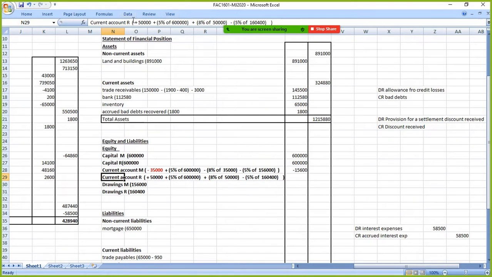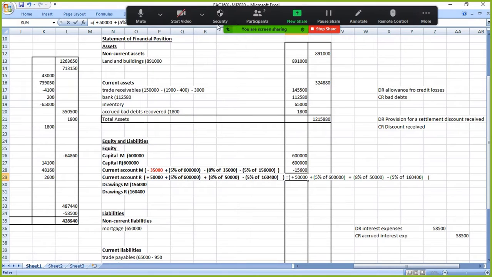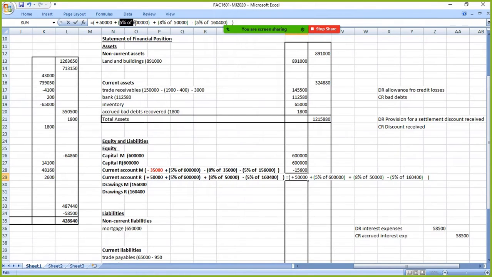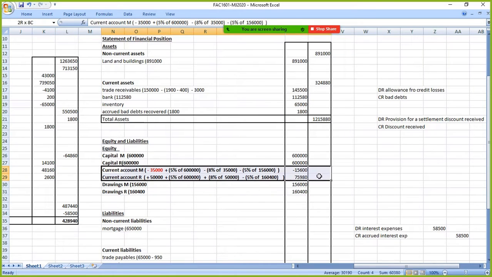Okay, current account R, 5% of, 8% of. All right, drawings. Okay, all right, this profit is going to be attributable to the partners.